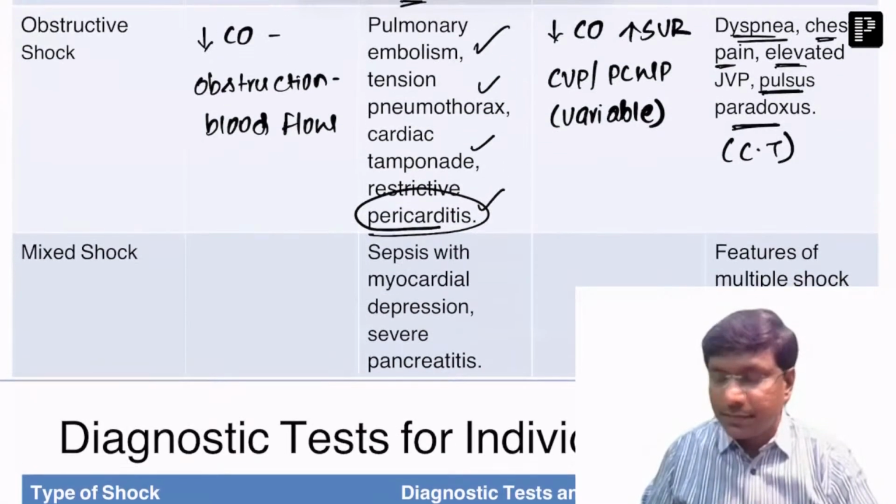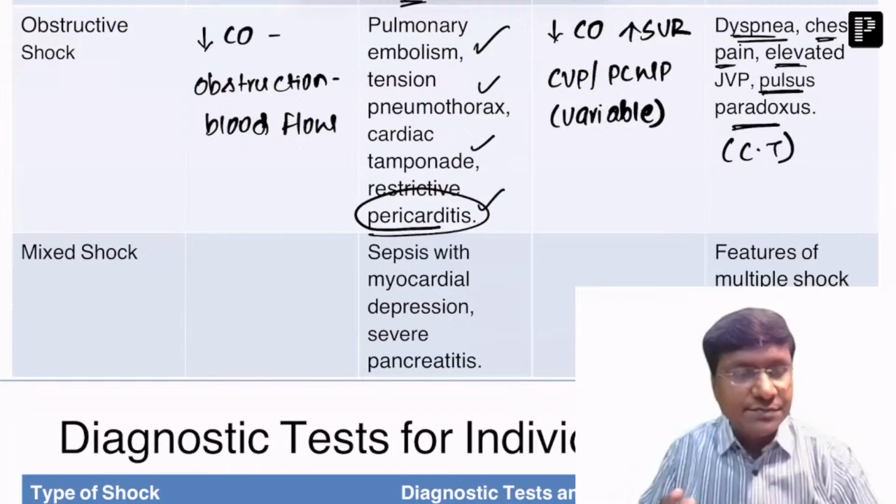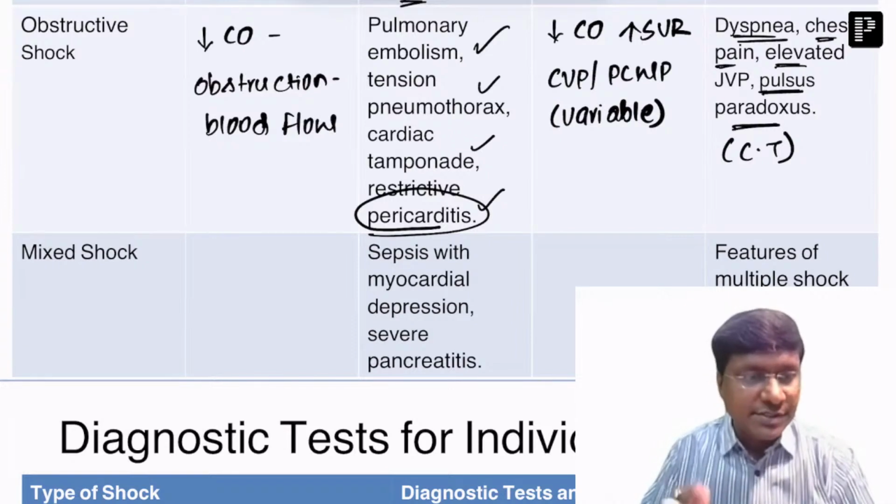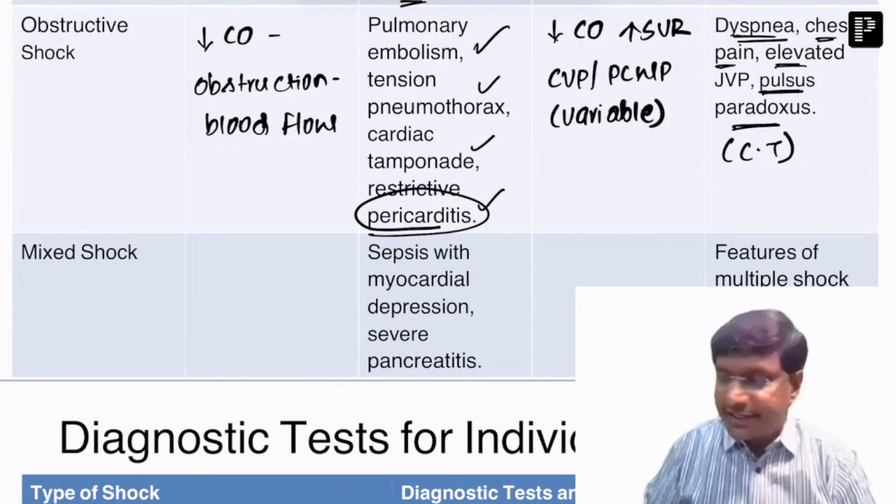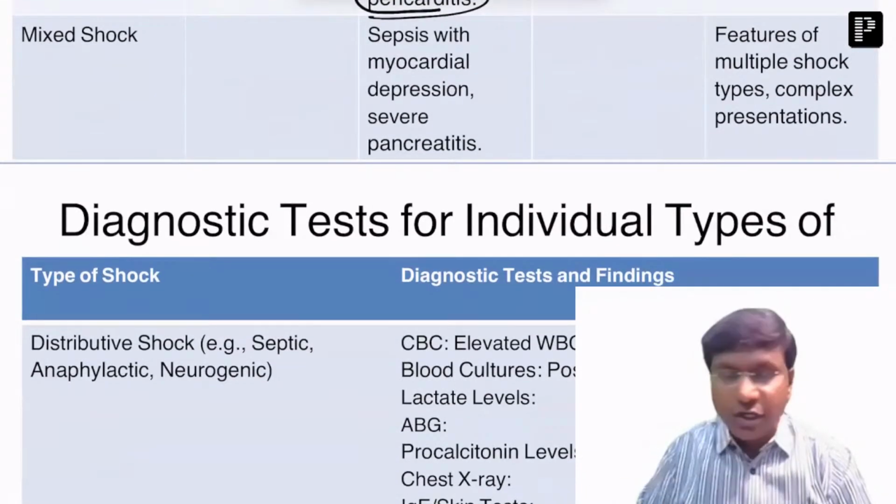So in case of pulsus paradoxus, the fall in systolic blood pressure will be more than 10 millimeters of mercury during inspiration. In a normal person, the systolic blood pressure falls less than 10 millimeters of mercury, but in pulsus paradoxus, the fall will be more than 10 millimeters of mercury. Okay, that was about obstructive shock.